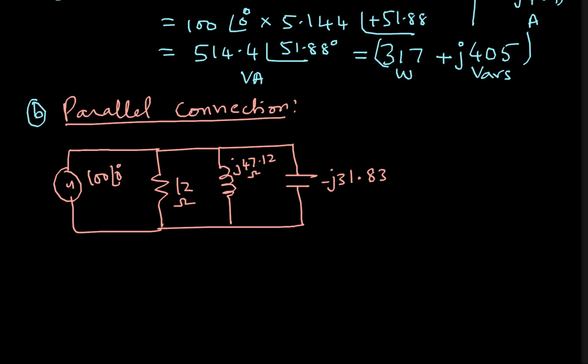For example, I can find current I1, I2 and I3, and then I can add all the currents to find the total current I. And from that I can find the total impedance just by dividing. That is one way. The other way is, as you know, the impedance of a parallel circuit is 1 by Z1 plus 1 by Z2 and 1 by Z3. So you can do it both ways.